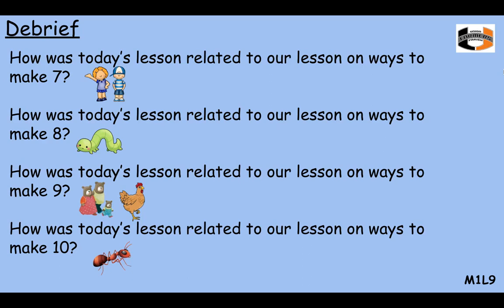How was today's lesson related to our lesson on ways to make 9? I know you remember the 3 bears and the 6 chickens that showed up at UPES. 3 bears plus 6 chickens is one way to make 9.